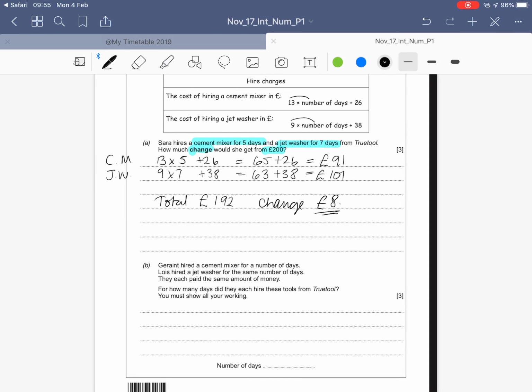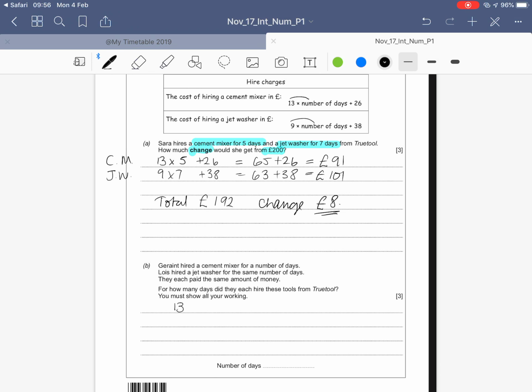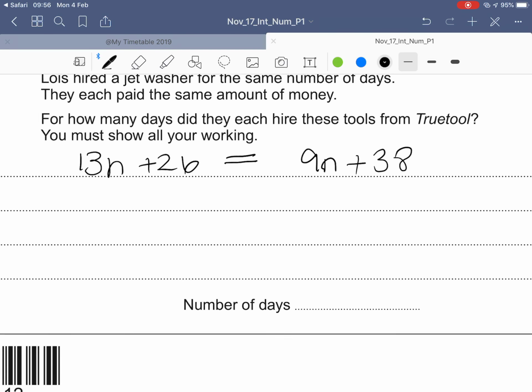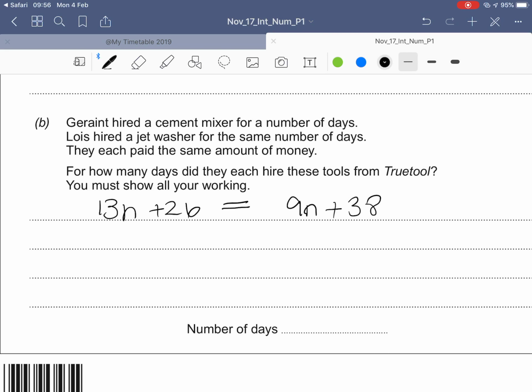Okay, so we have 13 times the number of days plus £26 for Geraint. And we have 9 times the number of days plus £38 for Lewis. And we're told that they paid the same. So I can create a little equation.